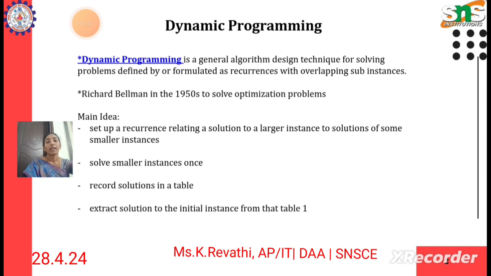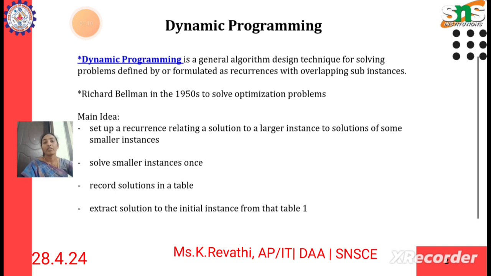The main idea behind dynamic programming is to set up a recurrence relating a solution to a larger instance to solutions of some smaller instances. The second one is to solve smaller instances once. The third one is to record solutions in a table, using matrix format in the form of rows and columns.